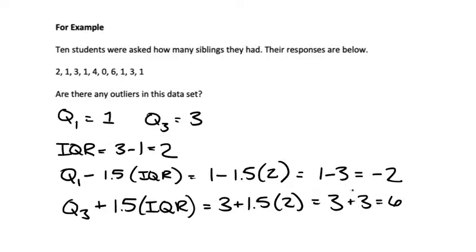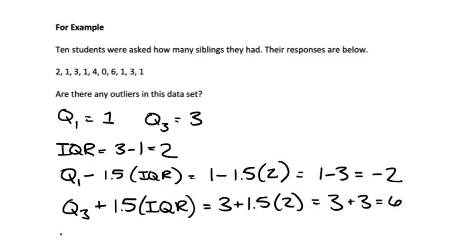Now, I look at my data set and say, okay, are there any values in the data set that are greater than 6? There is one value that is exactly equal to 6. However, that's not an outlier. In order to be an outlier, it has to be greater than 6. So if there were a 6.1 in the data set, that would be an outlier. There's not a 6.1, there's nothing greater than 6, and so there are no outliers.